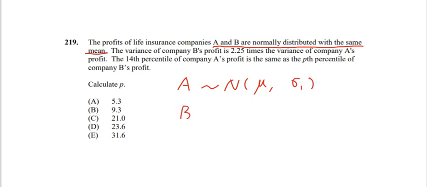And B follows a normal distribution with the same mean and standard deviation sigma 2. The relationship is sigma 2 squared equals 2.25 sigma 1 squared. So the variance of B is 2.25 times the variance of A.